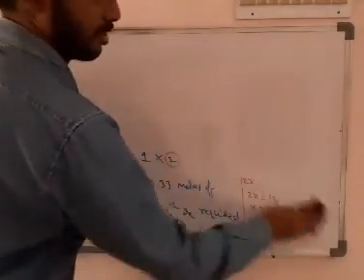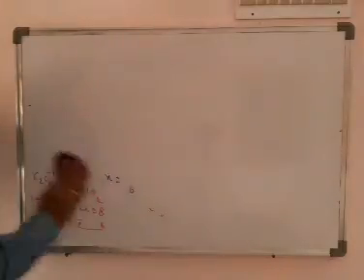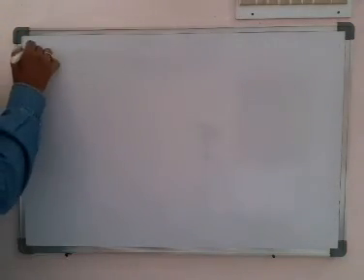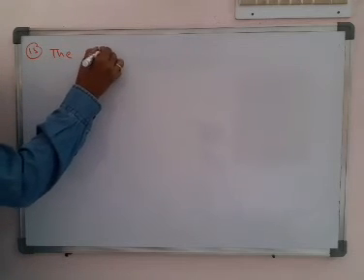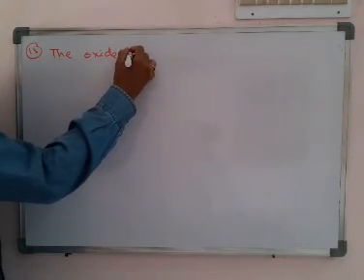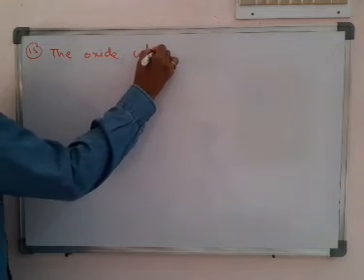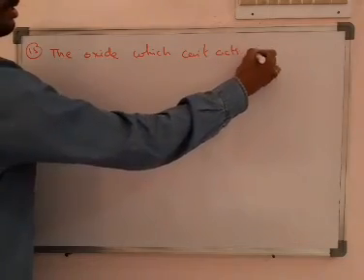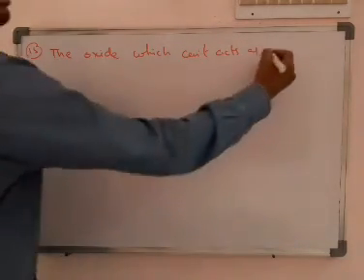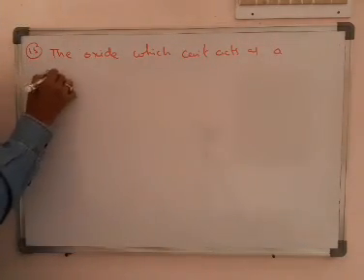Let's see the last problem, question number 15. It is a general theoretical question, a direct question. The oxide which cannot act as a reducing agent.